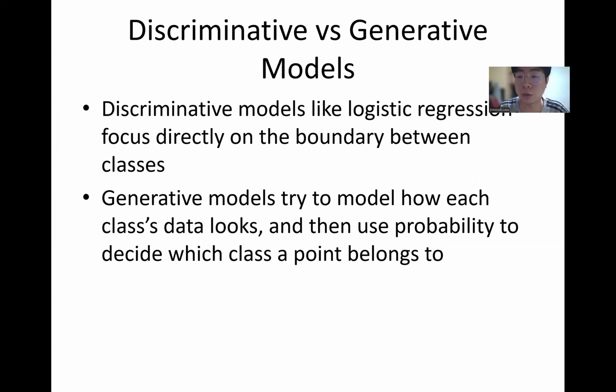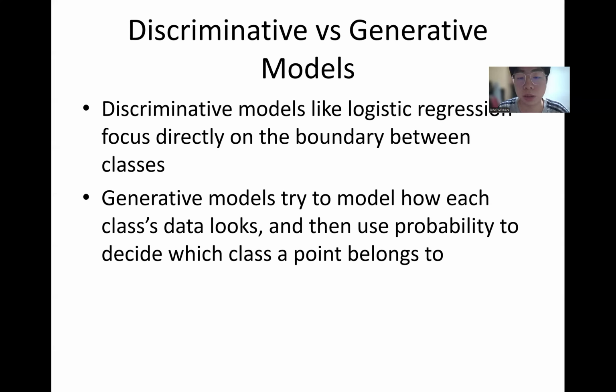They focus on the boundary between classes, modeling P(y|x), the probability of the label given the features. The second is generative models like LDA and QDA. They model P(x|y), the probability of the data given the class.